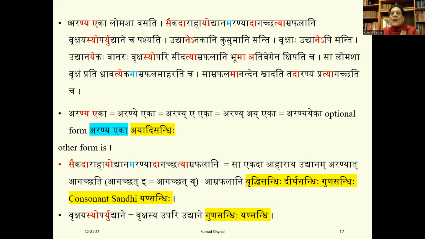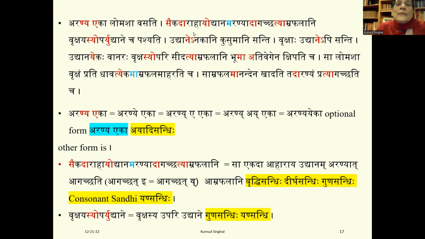You cannot use a pratipadikam in the sentence, so this is not a proper word. It's a pratipadikam, but actually it is Aranye Eka. Aranya Eka doesn't make any sense. He said nominal stem. Yeah. Actually it is Aranye Eka, which after the Sandhi becomes Aranya Eka.